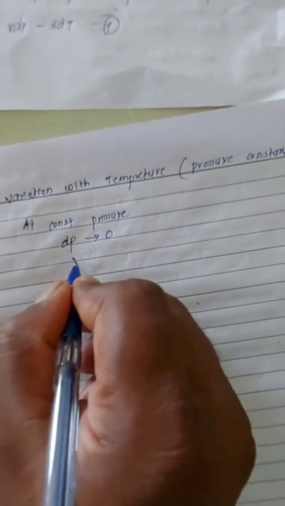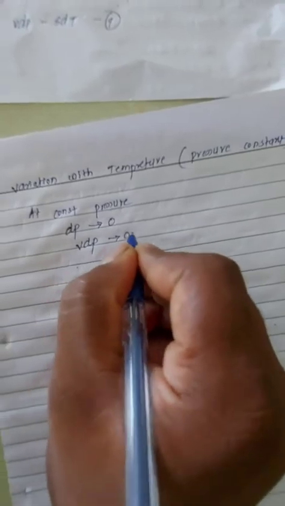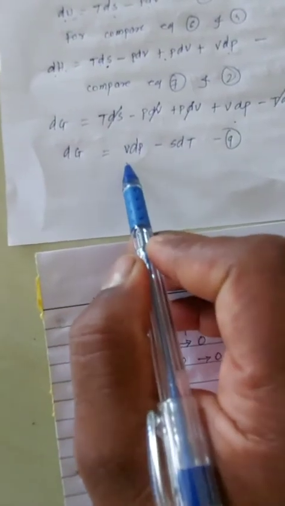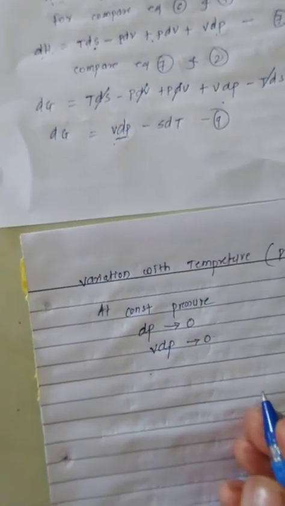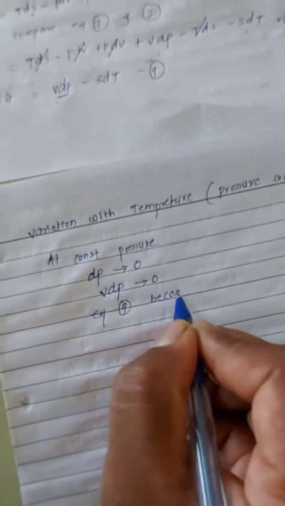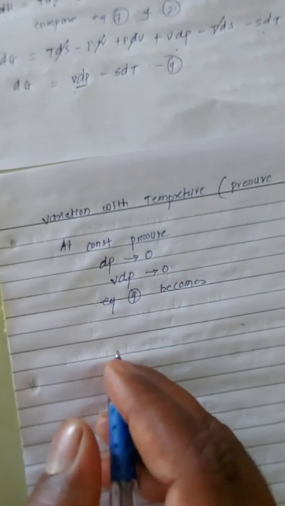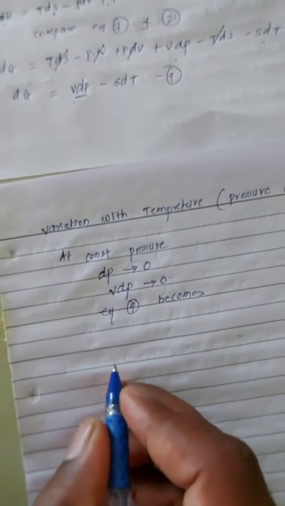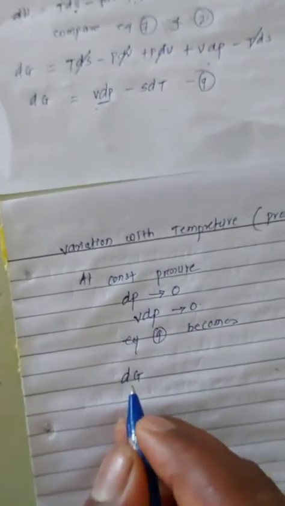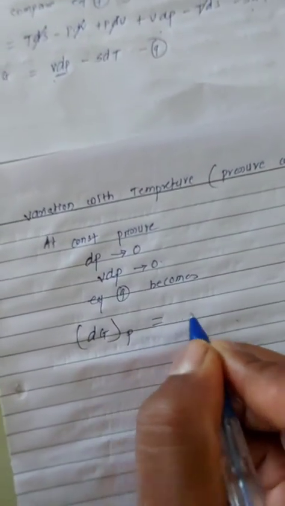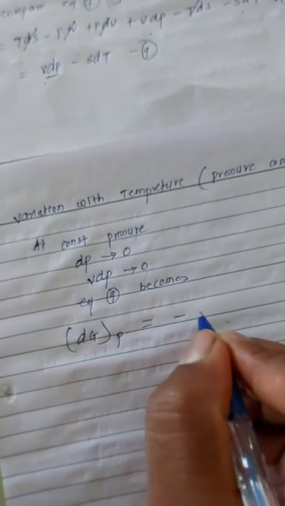Now with V dP tends to 0, this V dP term is 0, then equation 9 becomes dG at constant pressure equal to the remaining term, that is minus S dT, because V dP is 0.